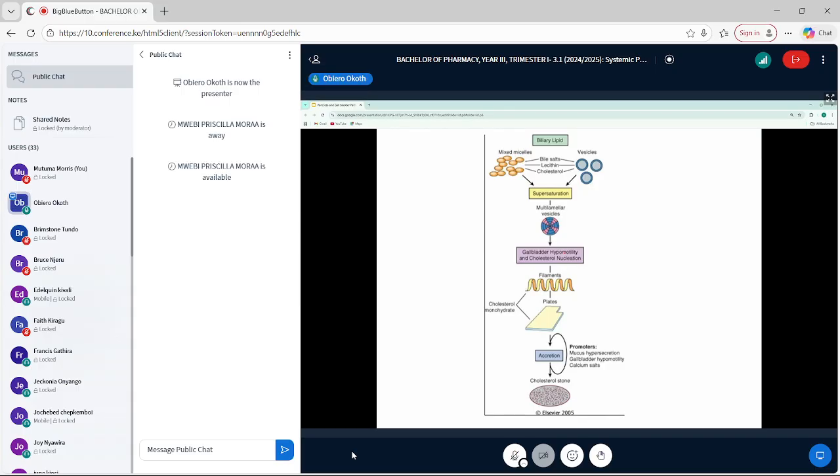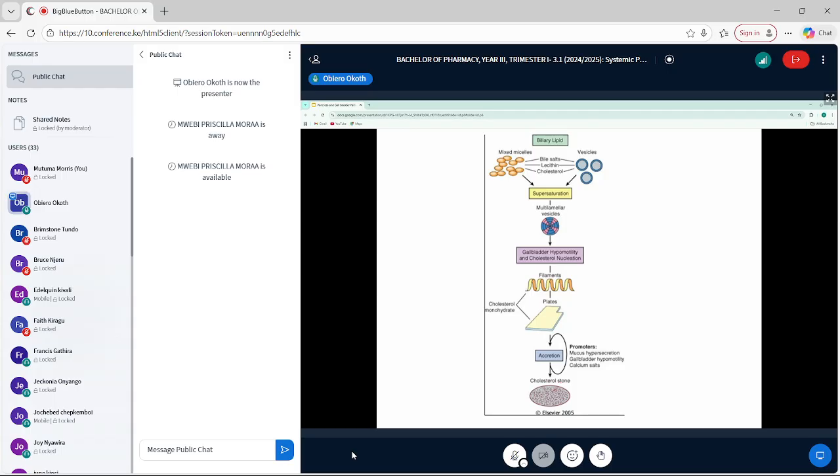Combined with gallbladder hypomotility and cholesterol nucleation, you start getting filaments and crystals of cholesterol forming. Once they form, they join together to form plates, which accrete together, mixed together due to the mucus hypersecretion, gallbladder hypomotility, and also the increased calcium salt. And then eventually you have a cholesterol stone forming.